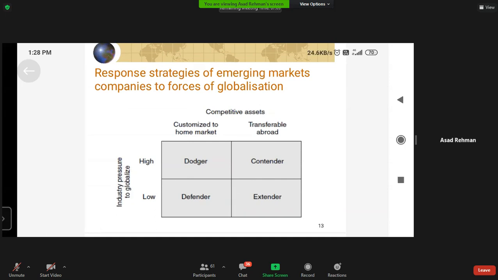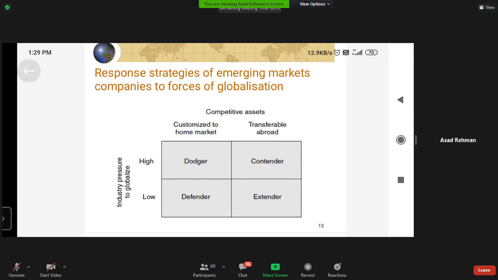One is the industry pressure to globalize, right? The other is the ability of the firm to customize the product to the home market, and whether that competitive asset, that product, is transferable abroad.